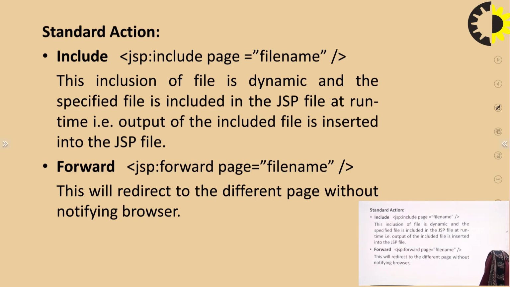Next one is forward. So the forward tag means it will redirect to a different page without notifying the browser. So if you want to redirect to any page directly, at that time we use the forward tag, and the syntax is jsp:forward page equals to file name.